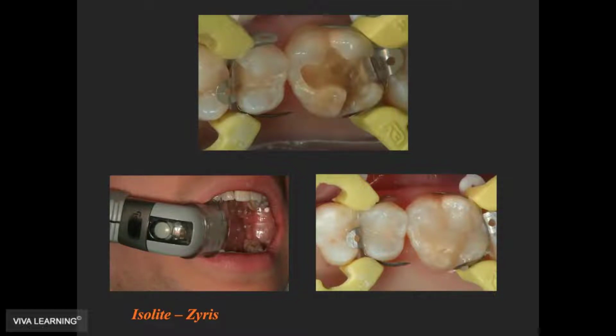It does. And for those of you who are concerned about aerosol, Isolite and Isolite devices such as the one pictured here, in our study that we did during COVID, we found that the IsoVac actually reduced the aerosol in the environment significantly.